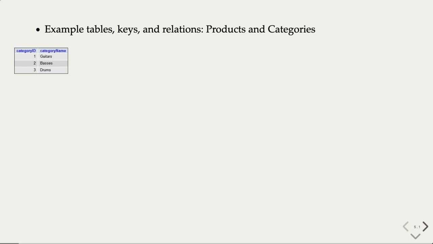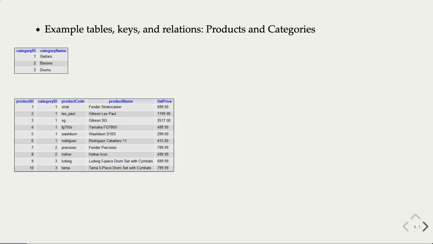So, for example, we have three categories here with the category names and then category IDs. Now we can also have the products table, where you have the product's basic information, product ID, product name, and the list price.